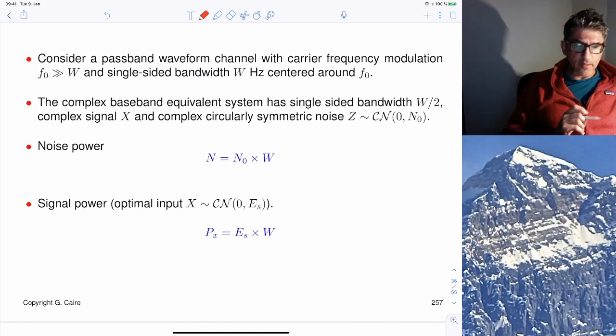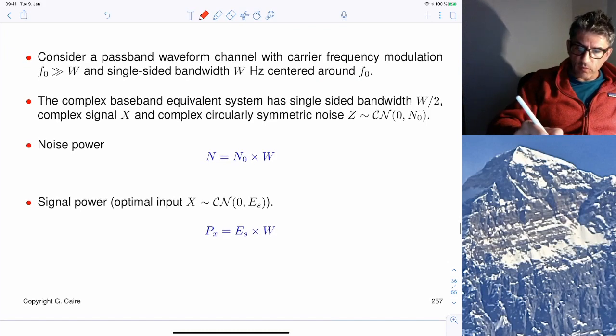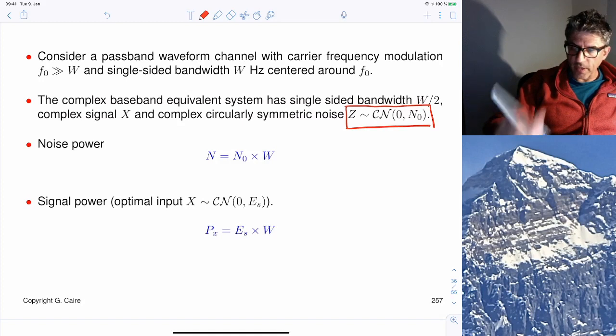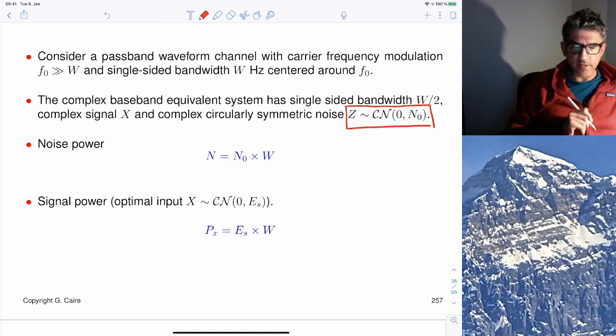So what happens is that here, as I just said, the noise is complex circularly symmetric with variance N0.